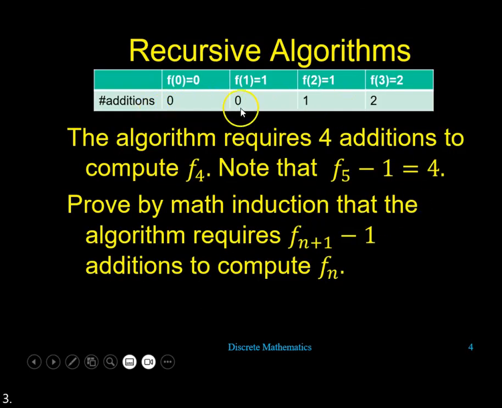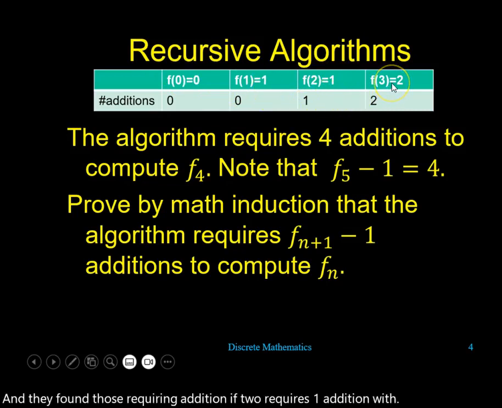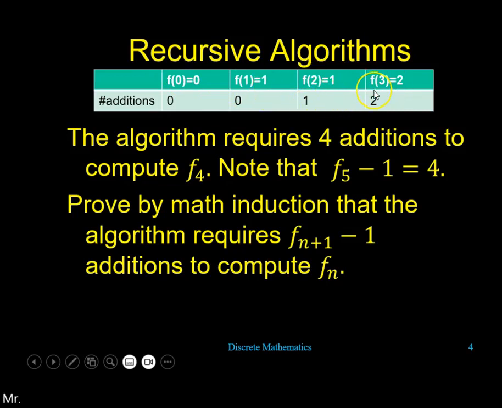And here in this table, we have the number of additions needed to compute the first few Fibonacci numbers. F0 and F1 don't require any addition. F2 requires one addition, we add these two. And F3 requires 2 additions, and we saw that F4 requires 4 additions.